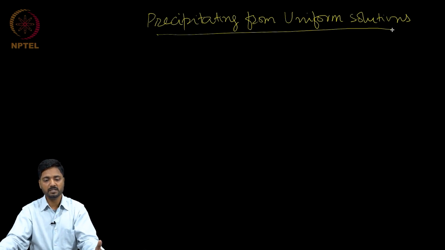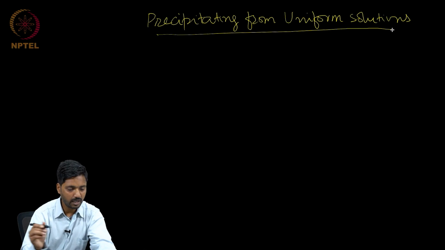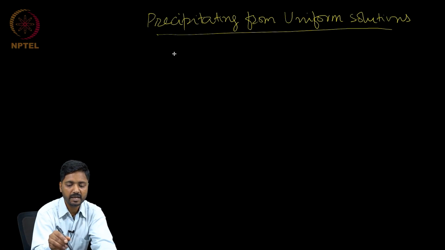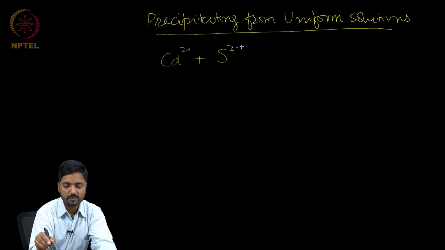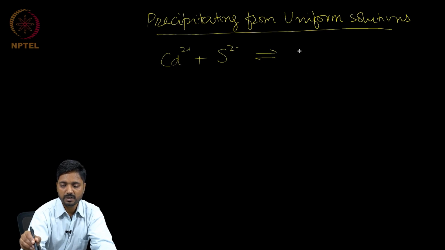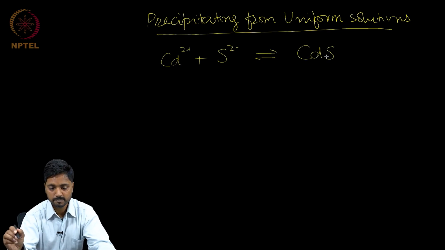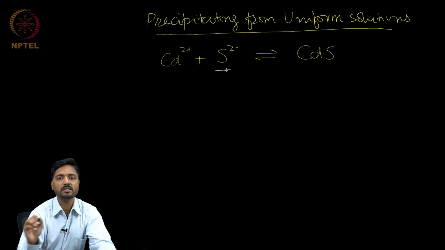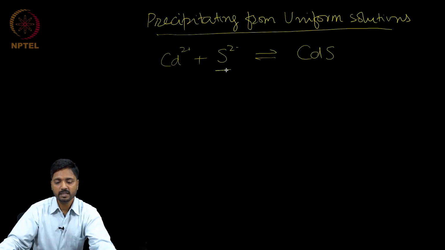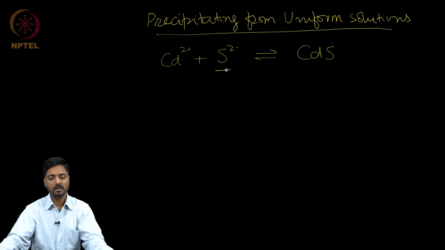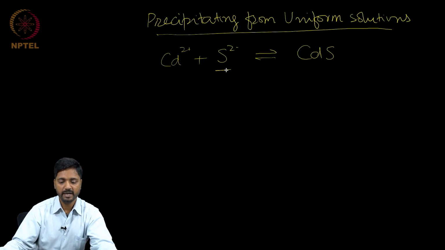So, a very simple example is when we are making particles like the reaction of cadmium with sulfide giving rise to cadmium sulfide nanoparticles. We generate the sulfide reagent in the reaction medium in a very slow manner by using a precursor to the sulfide.